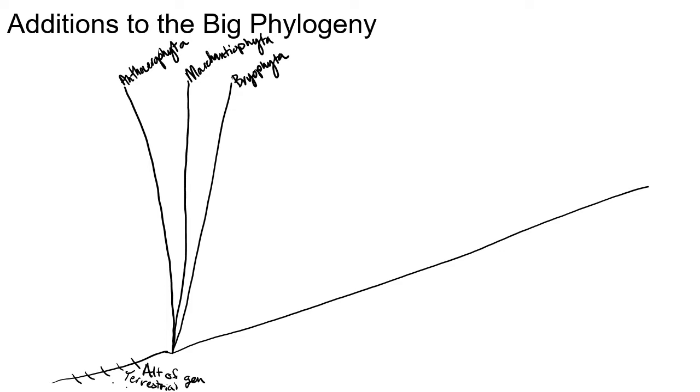Something that unites this group would be gametophyte dominance, and we start to see the evolution of a cuticle and stomata, but it's not in all parts of those plants.